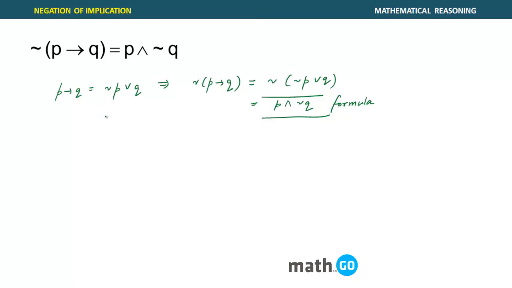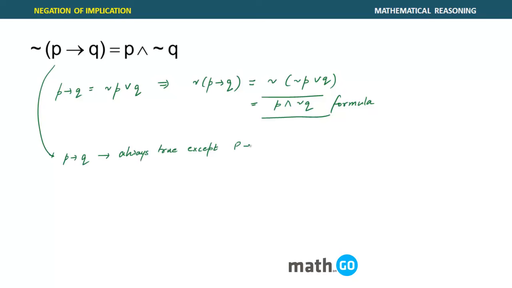If you want, you can also try it using the truth table. In case of a truth table, if you want to remember, we know that P implication Q is always true except in one case. When?